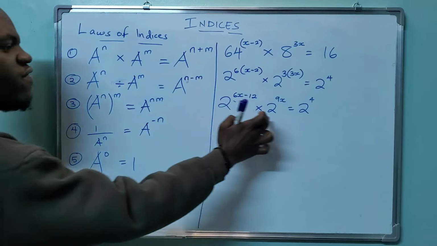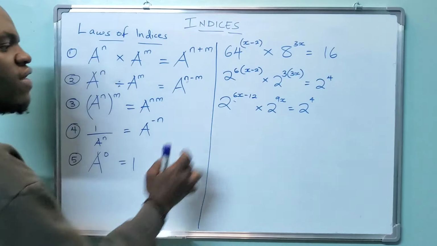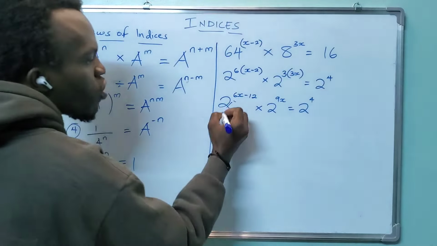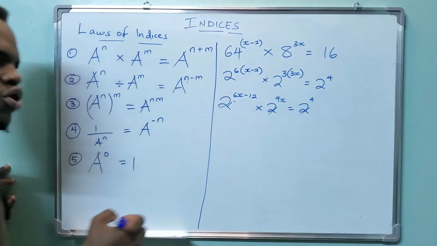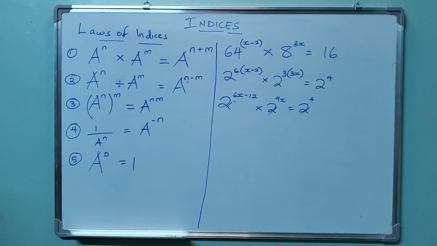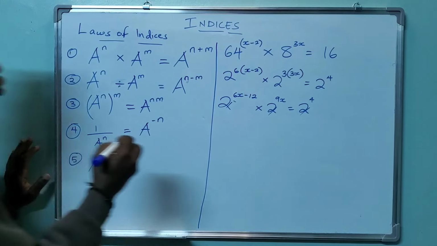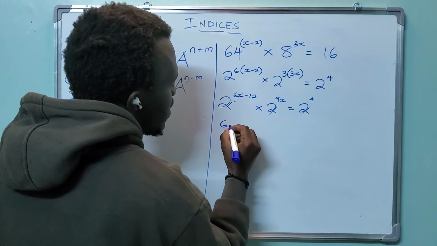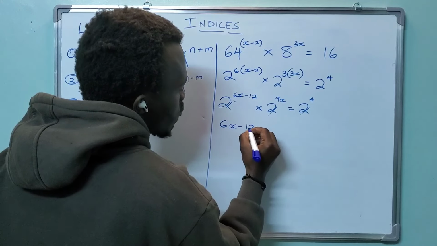Because we've already made the bases the same, we are going to cancel them out. They are not going to be helpful at this moment. Remember, we are looking for the value of the unknown, which is x. Which means I'm going to have here 6x minus 12.